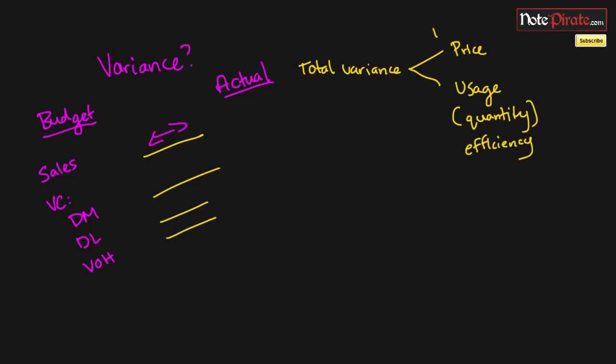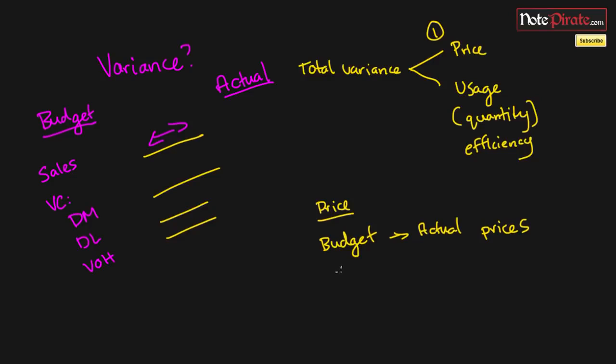And the first type of variance, the price variance, is just the difference between the budgeted and the actual prices. So I should probably write this down as I go. It's just the difference between the budgeted and the actual prices. So I'll give you a quick example.